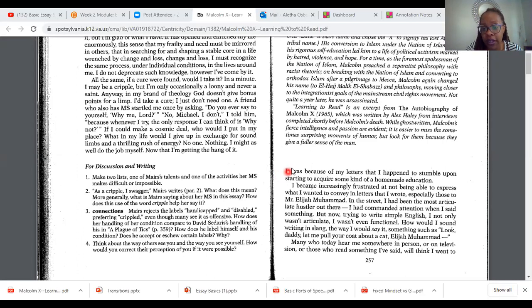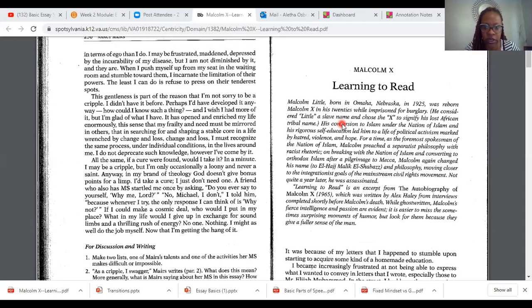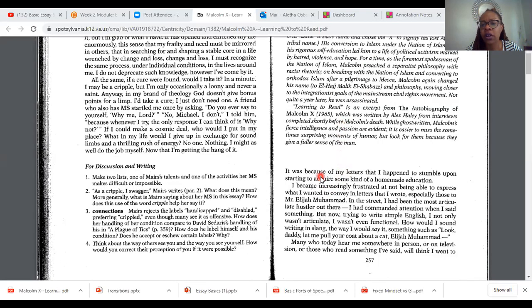I would call this an explicit statement, in that it clearly identifies the author's main idea, which is that they're going to talk about homemade education through talking about the process of learning to read. But they're also laying out why they stumbled upon this journey of learning to read or homemade education.